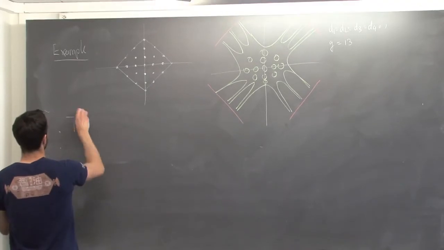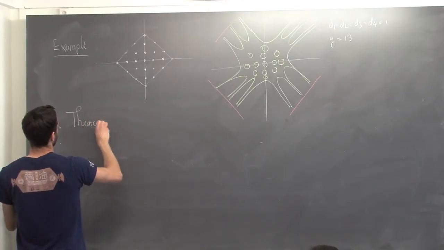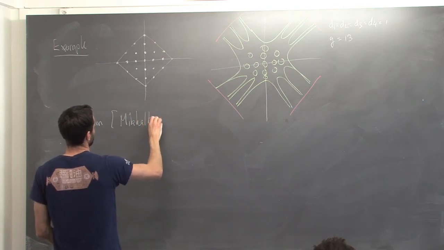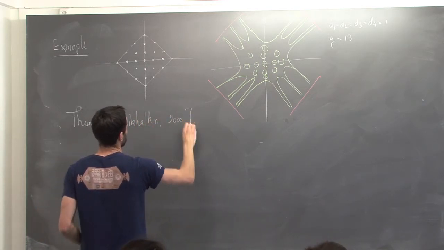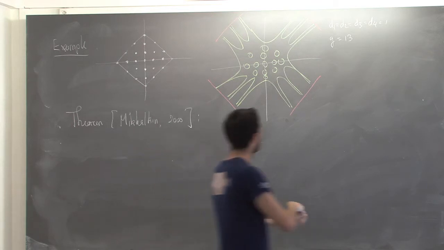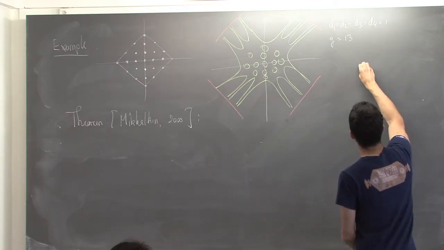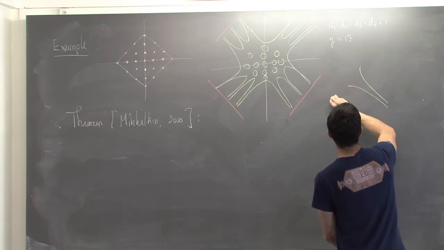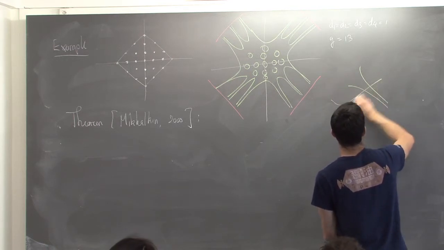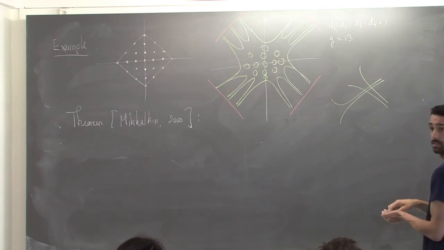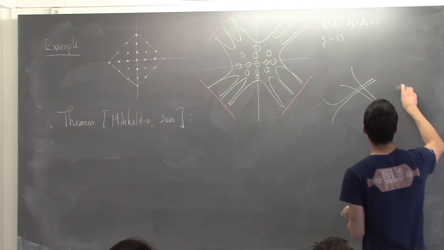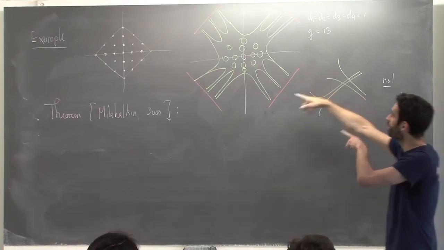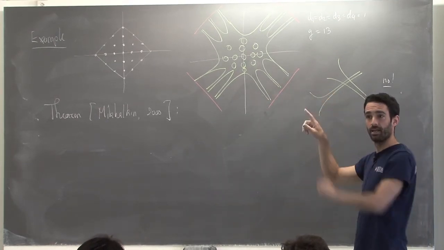Now here's the theorem of Mikalkin. Sorry, I said I wanted to show something that is not allowed. Typically, something not allowed would be something like that. Then at some other point, something like this. Because in this case, it would not intersect the axis cyclically as we want.